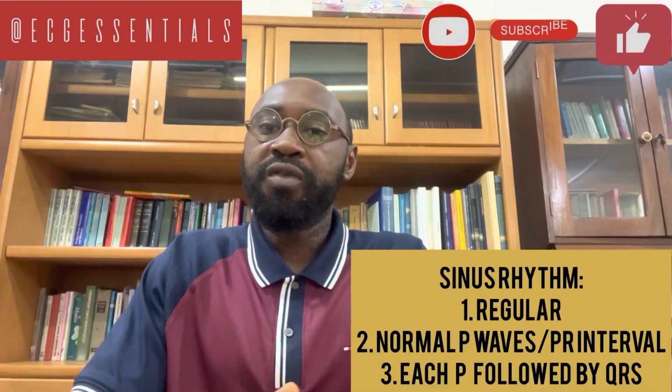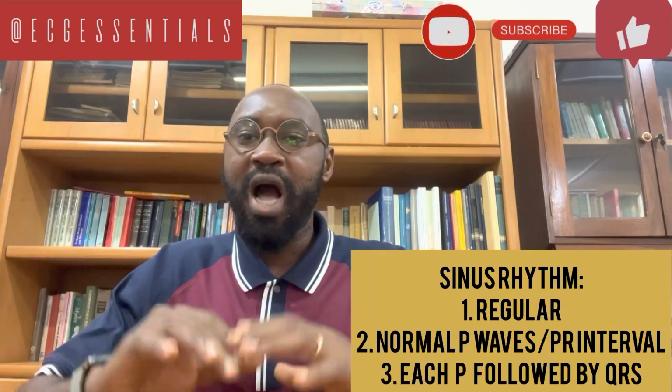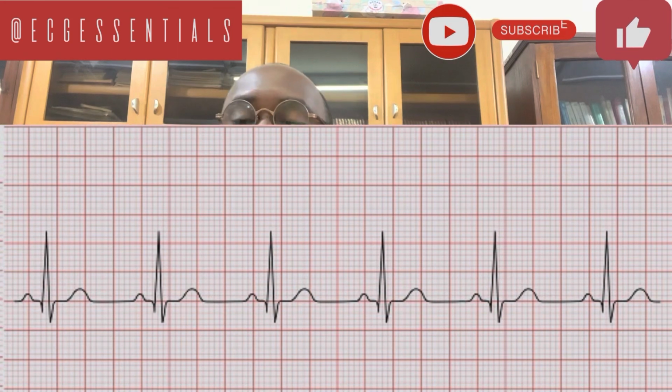For example, if we are dealing with a sinus rhythm, so that means that rhythm is coming from the sinoatrial node before it is conducted along the conduction pathway, then usually we would expect that the resulting rhythm will be regular, will have a P wave that is of smooth contour, upright and round, and each of those P waves will be followed by a QRS complex.